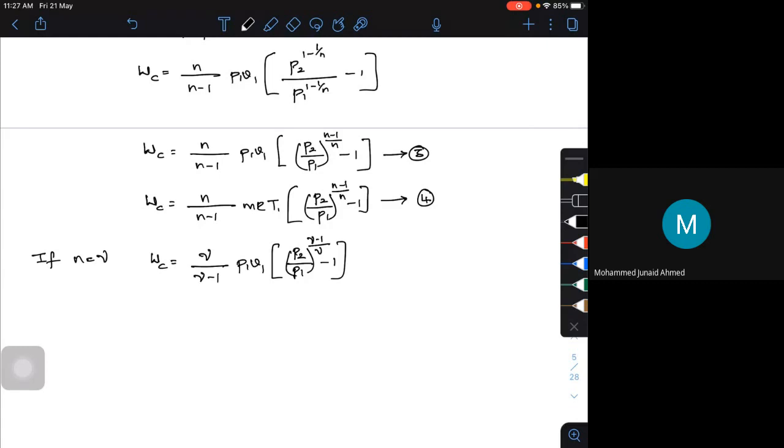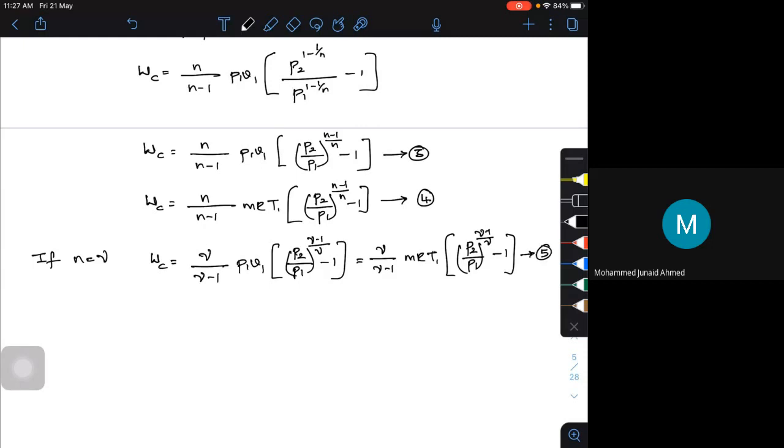Or I can write in terms of MRT1 as gamma by gamma minus 1 into MRT1 into P2 by P1 whole to the power of gamma minus 1 by gamma, minus 1. I call this equation number 5.